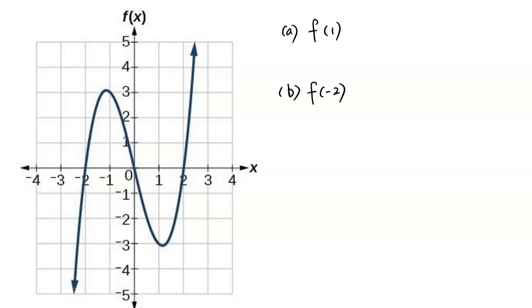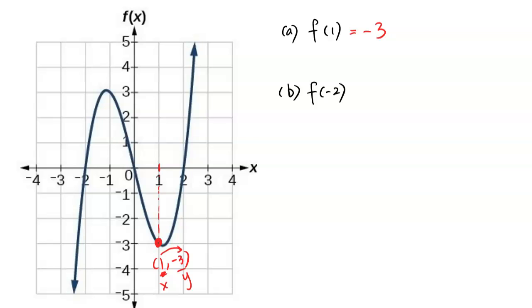So if you look at the graph, when x is equal to 1, it corresponds to this point. So this point is (1, negative 3). So that means when your x is equal to 1, your y is negative 3. So f of 1 here is negative 3 because the value of 1 is mapped to the output of negative 3.